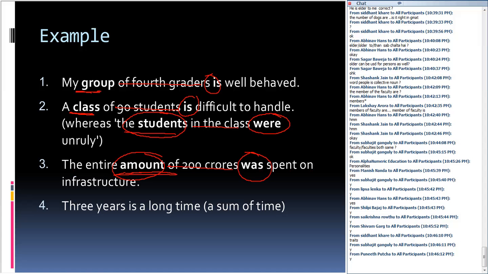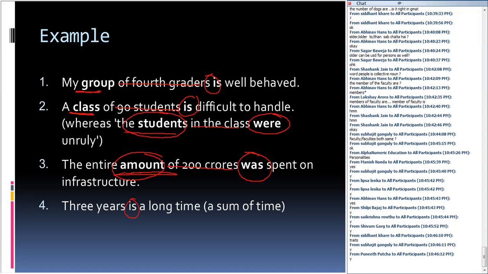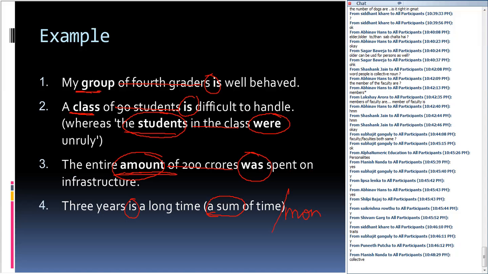Why have I used the word is, not are? Because whenever you talk about the sum of time या sum of money जब भी आता है, then the verb is always singular. Remember that. ये एक separate rule में मैं आपको बताऊंगा. This is a separate rule that we have.